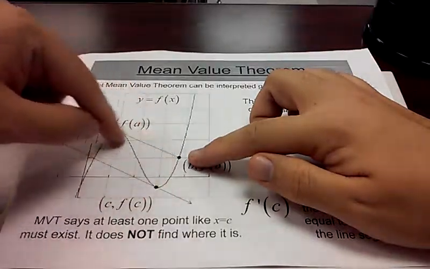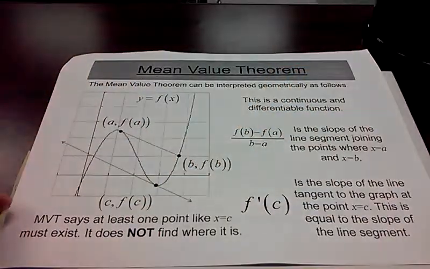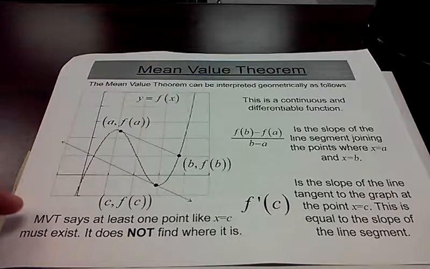So visually, that's what this is showing. The MVT doesn't say where it is, but it does say that there has to be at least one point that exists.